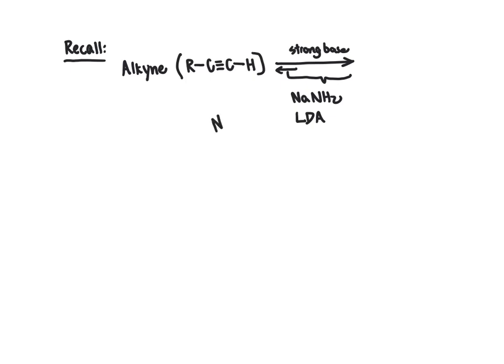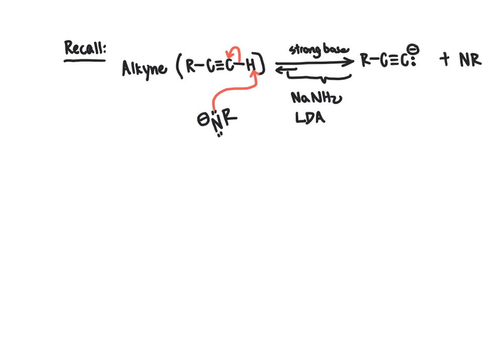So the base, such as our nitrogen anion, which I'll just put an R group on to make it generic, would come in, grab a proton from our acid, our alkyne, forcing the carbon-hydrogen bond to break, and giving us our deprotonated alkyne as our product, with a lone pair of electrons and a negative formal charge.